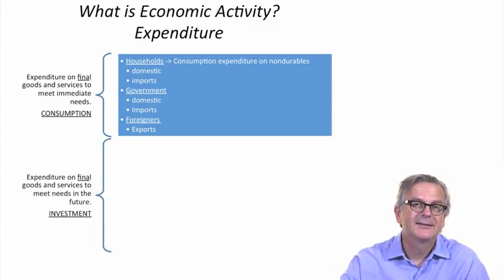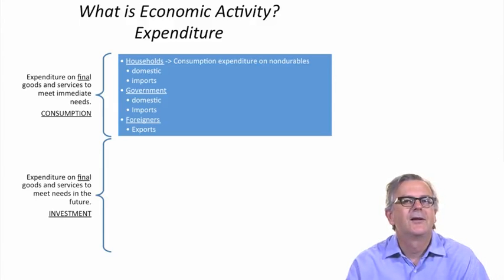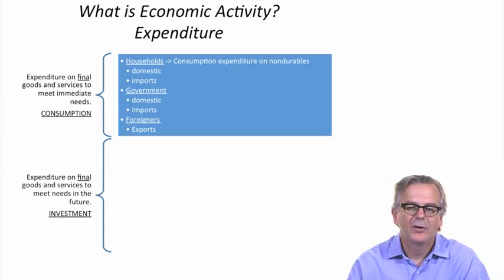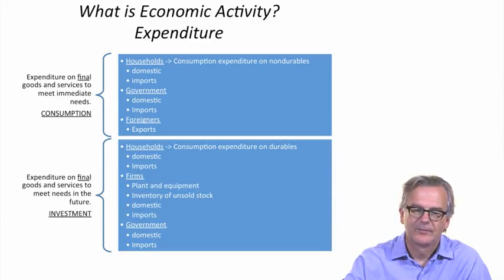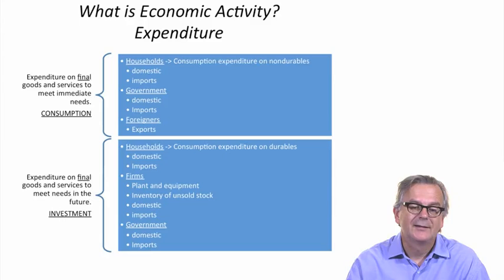But there is a second type of expenditure known as investment expenditure. Investment expenditure is different. It's where the expenditure is being undertaken not to meet an immediate need, but to meet a need that will exist at some point in the future. Again, we're going to divide this between sectors.